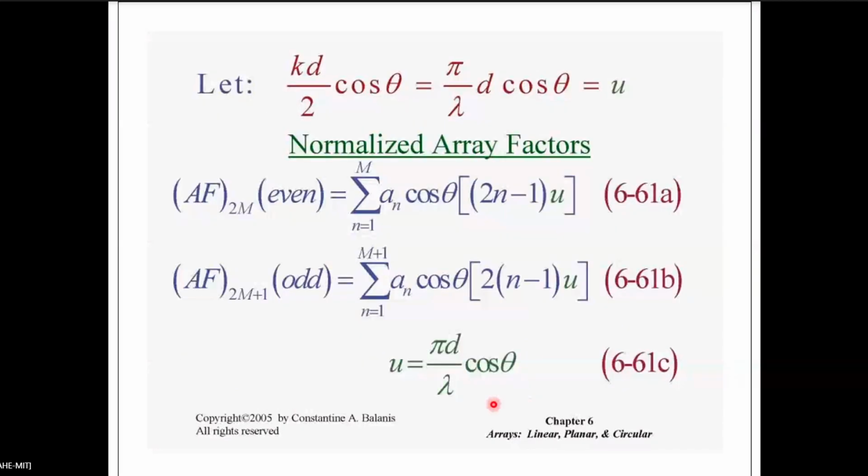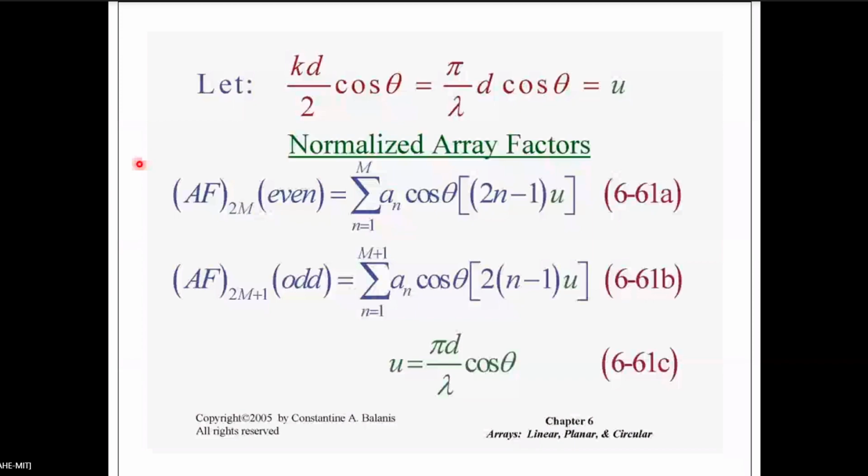So normalized array factor. Let kd cos theta by 2 is equal to u. Okay. So either you have this, or you have this. This is very standard. You have to memorize this.